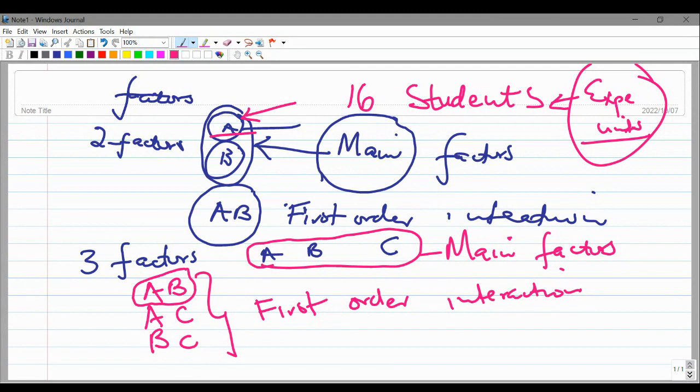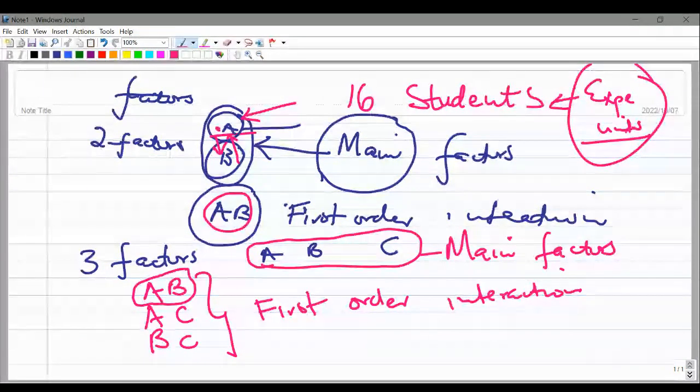When conducting the experiment, obviously some things will be connected. But when coming to testing, we assume that whatever is happening on A is not influenced by what is happening on B, and whatever is happening on B is not influenced by what is happening on A. But when coming to the interaction now, it's a different story.